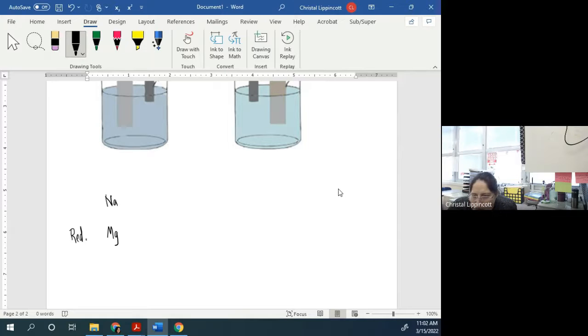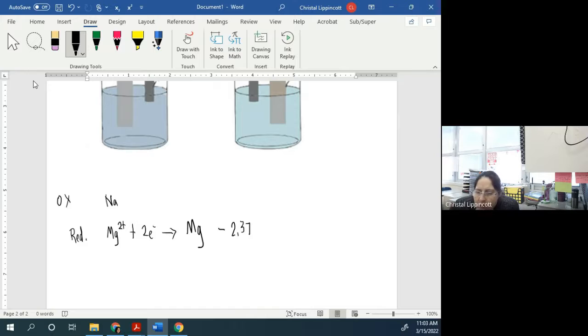And by reducing that, reduction is gain. So it's going to be gaining. So Mg2+ plus 2 electrons makes Mg. That means that this is going to be my oxidation, and my value for magnesium is negative 2.37.